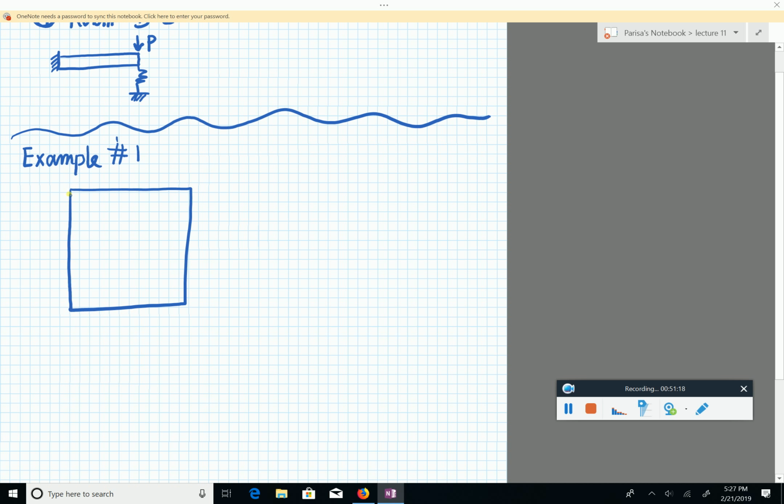On one side, it's fixed, and on the other side, you have this force, so this is force per unit area.